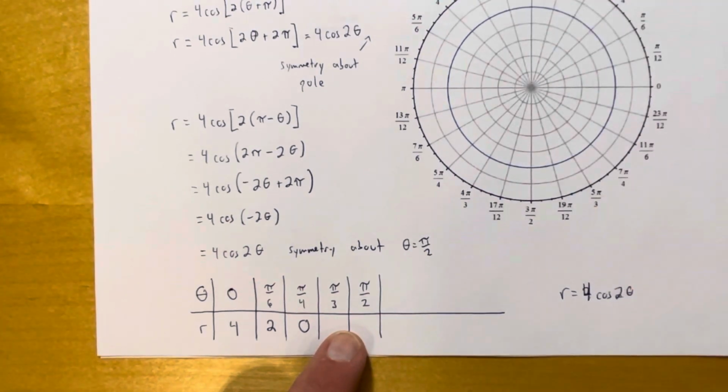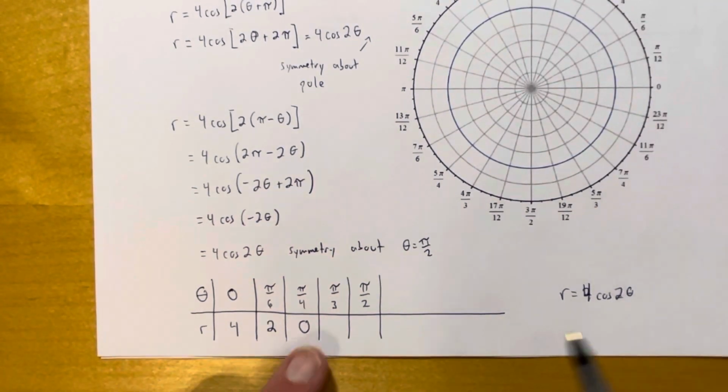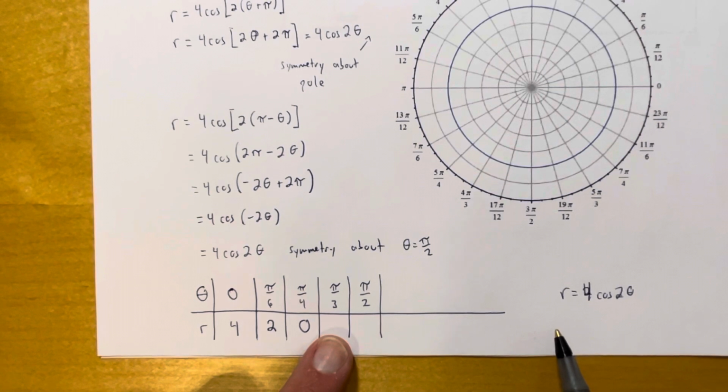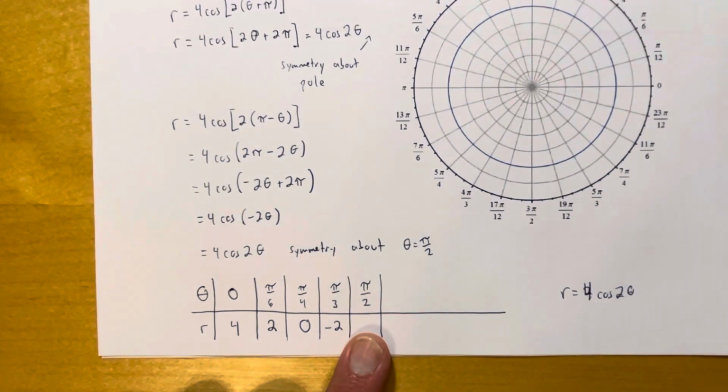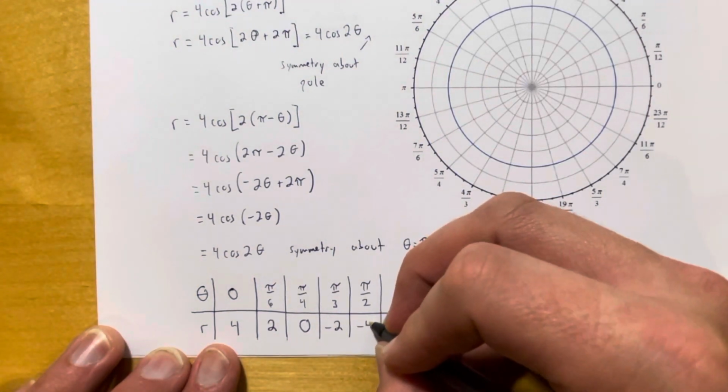And what is cosine of 2 pi over 3? Well, cosine of 2 pi over 3 would be negative 1/2. And negative 1/2, when I multiply it by 4, would give me negative 2. Finally, plugging a pi over 2 in, doubling it gives me pi. Cosine of pi is negative 1 times 4 would be negative 4.